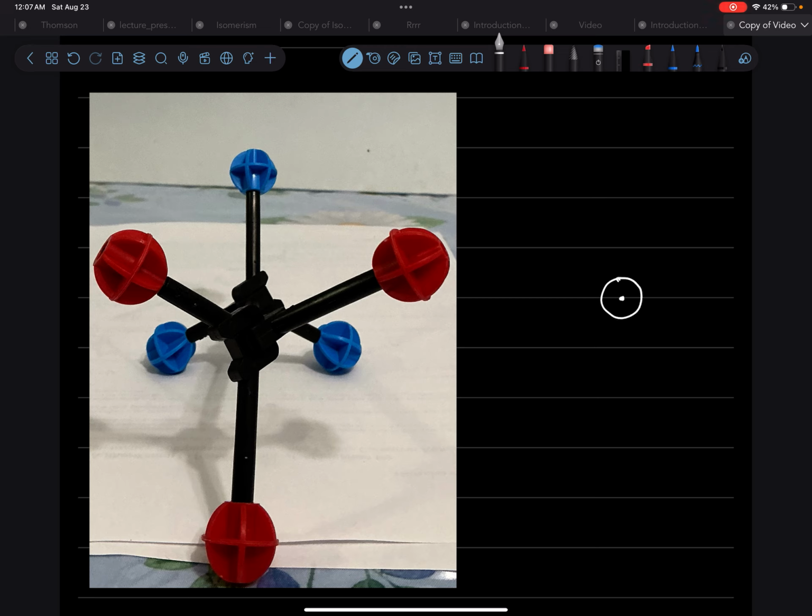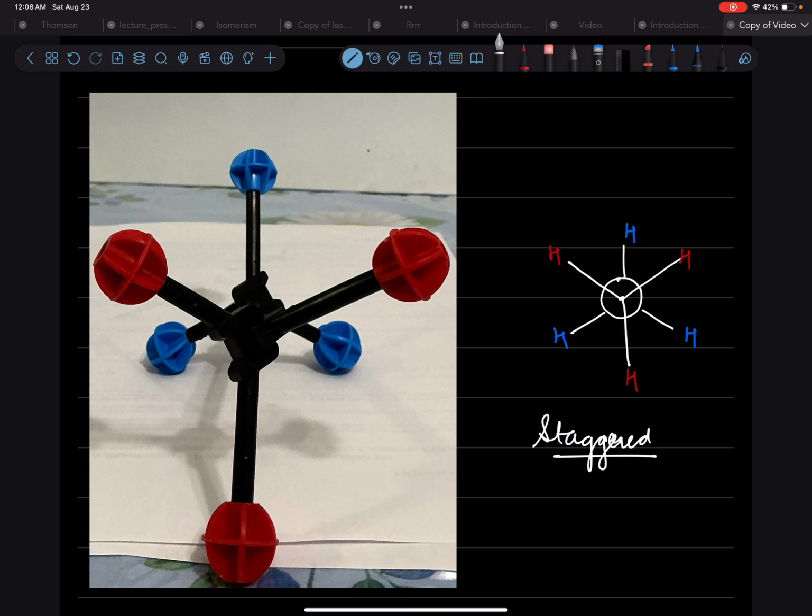So front carbon has moved and it is now like this. The back is like this, right? So this is front one and that one is back one. This is called staggered conformation. I've recorded a complete video on this, which you can watch on the channel.